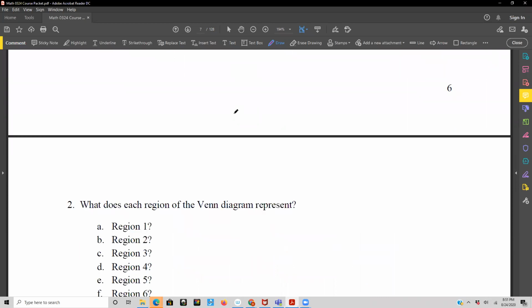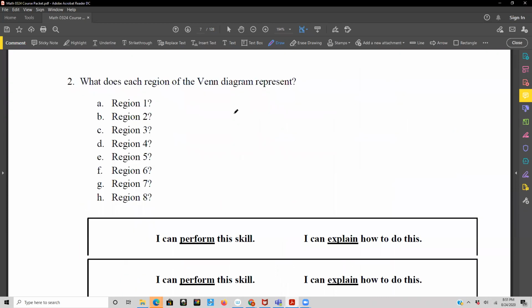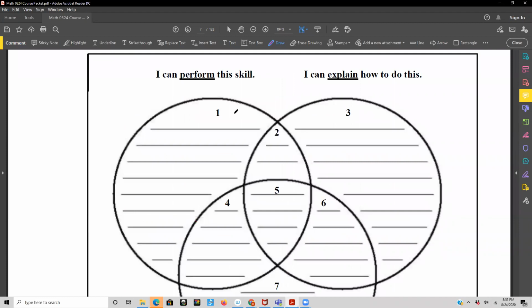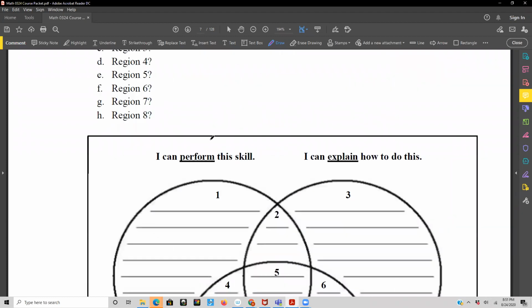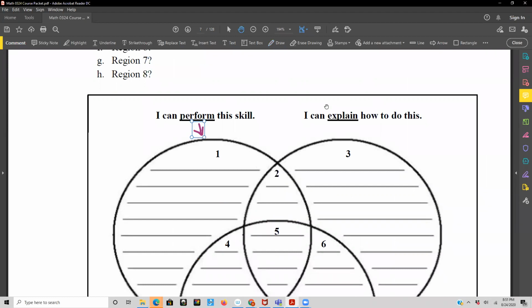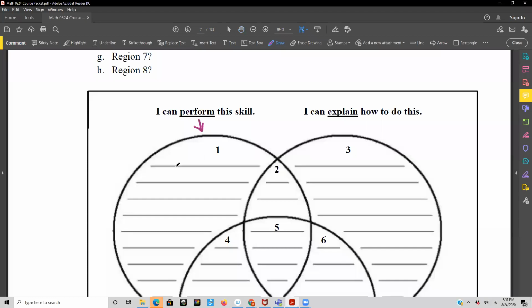All right, now when you have 3 circles, each circle represents a certain thing. So this circle right here would be the people who could perform the skill, and this circle is those who can explain it. In fact, what I usually do is put letters here. So this is perform, this is explain, and this is apply. Just label the circles.